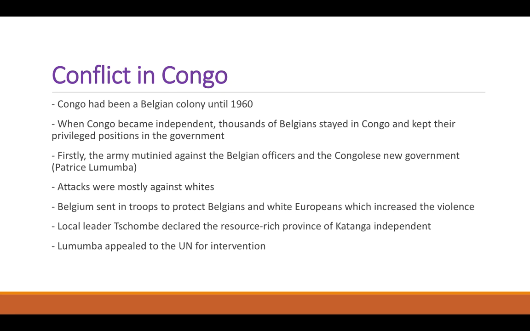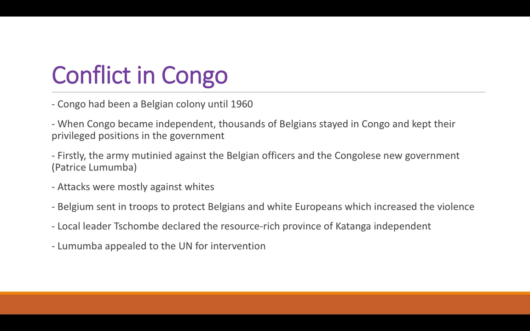Belgium, to of course protect the original ethnic Belgians in Congo, sent in troops to protect white Europeans, which increased the violence. The local leader, Tshombe, declared the resource-rich province of Katanga independent. So they broke up from Congo and said that now Katanga is independent.